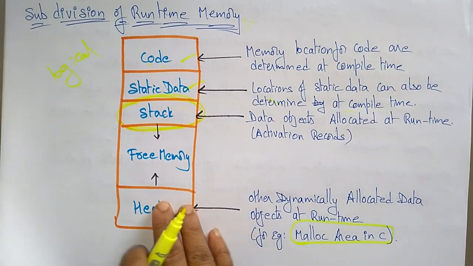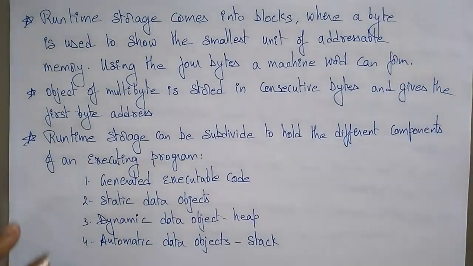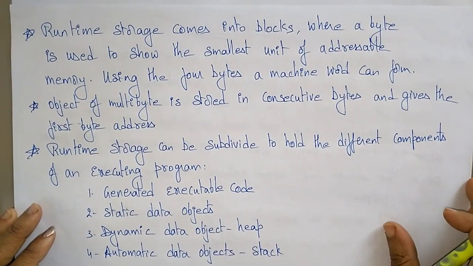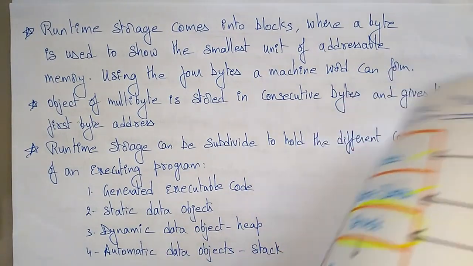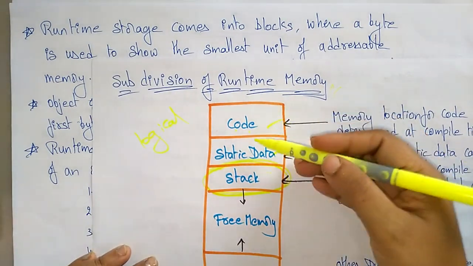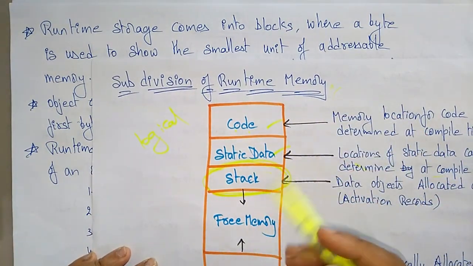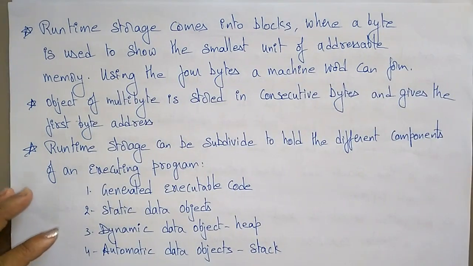The storage organization consists of these parts. Now the runtime storage comes in blocks, where a byte is used as the smallest unit of addressable memory.